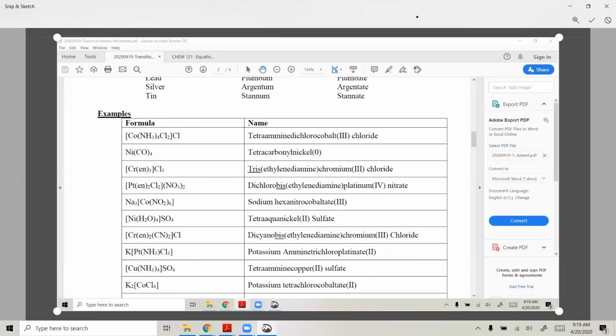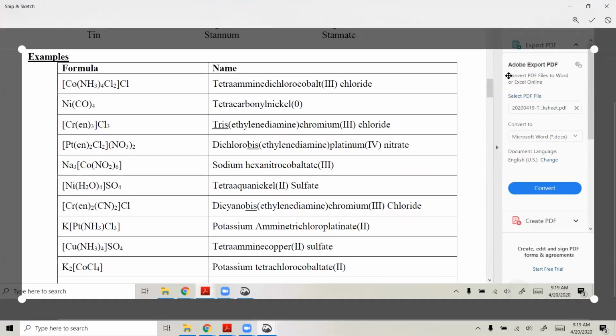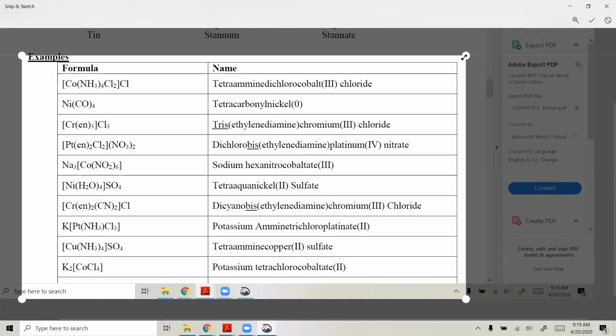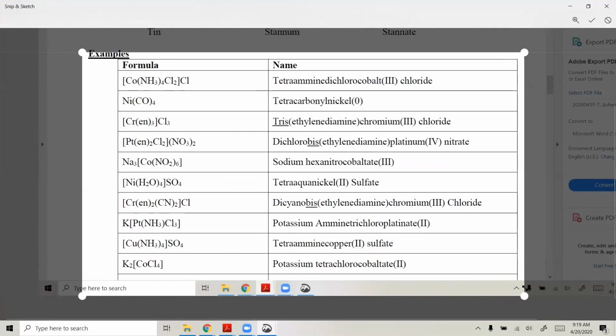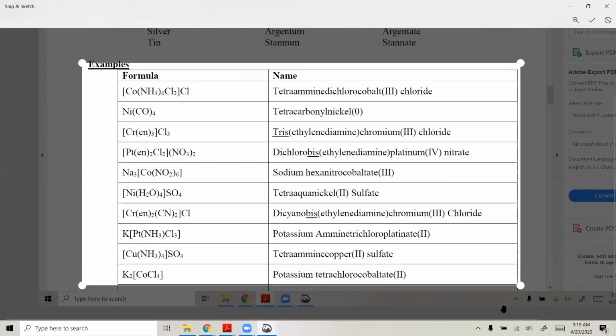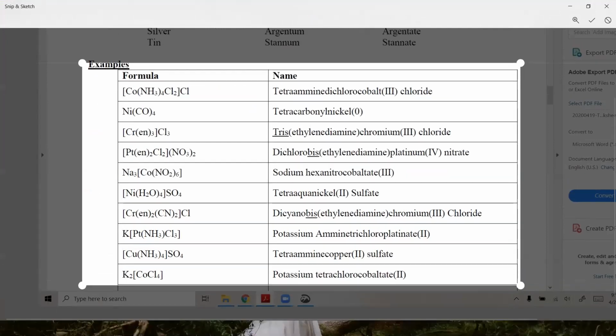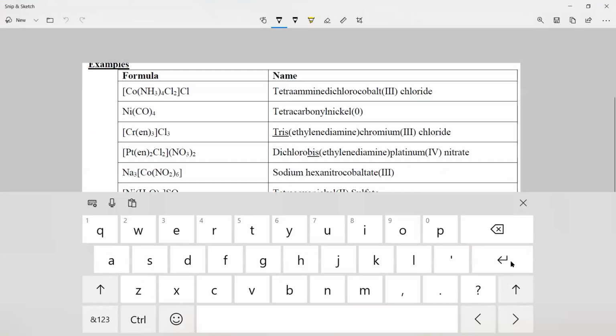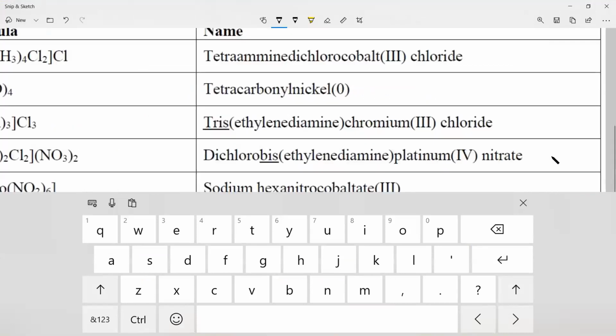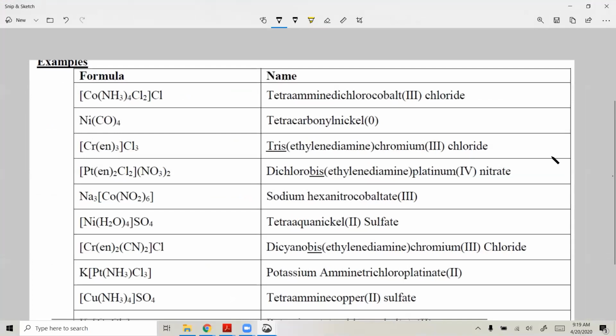So if we look at this first one here, this cobalt complex, is that going to be a cation complex or an anion complex? What do you guys think?